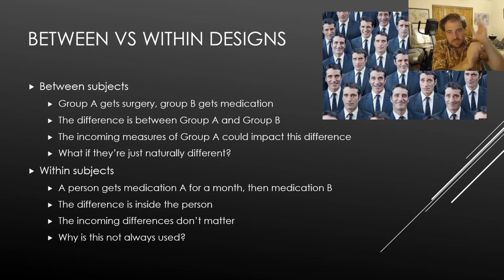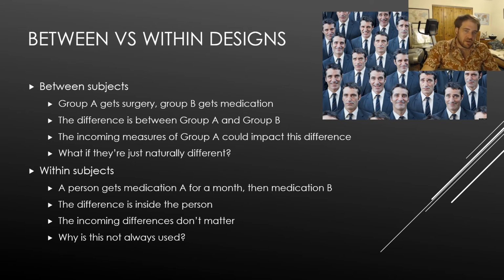What if this cured them? Then you're not going to see anything. You give them the other one and they get a lot better, but then they have yours and they get a little bit better. They're cured, but it's just a little bit because they were already good from the other one. Sometimes it doesn't work. Sometimes you can't have a within subjects design, and that's why we have between subjects.